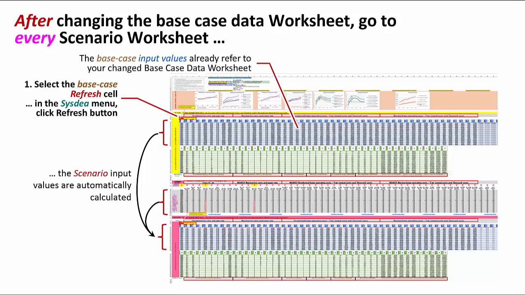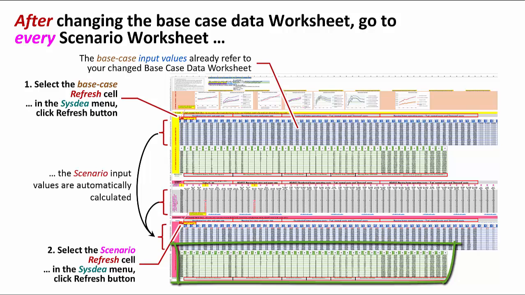Secondly, you have to update the scenario results as well. So select the red highlighted refresh cell for that part of the worksheet, and once again in the Scenario menu click the refresh button, and that will update all the results in the green rows of this worksheet.